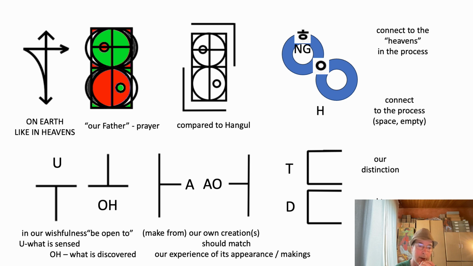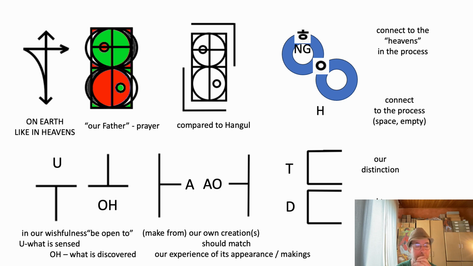This is very abstract, but the next ones will be easier to understand. So the U and the O are also going down and going up processes.